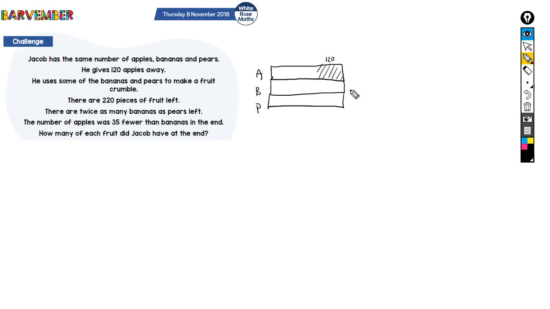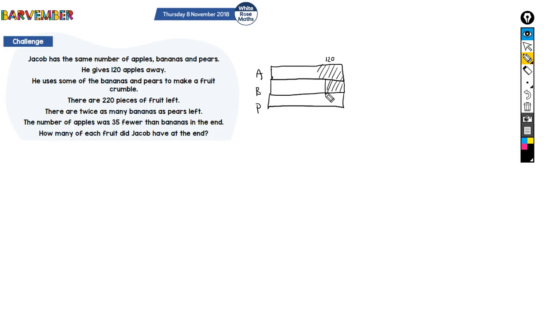He uses some of the bananas and pears to make a fruit crumble, giving us 220 pieces of fruit left. And we're told that at the end there are twice as many bananas as pears left. So whatever amount of bananas I use, let's say I use that many bananas, there's twice as many bananas as pears left.